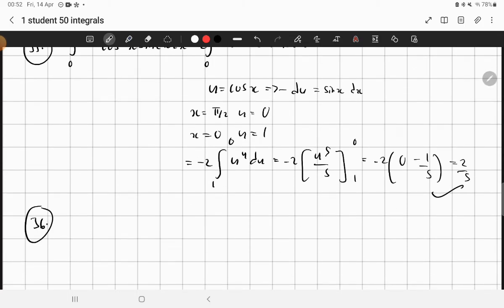Okay, so question 36, we have what? Okay, they really are challenging, you know. So we have the cube root of x plus 1 over the cube root of x minus 1. Oh man, I thought I could solve this under 4 hours, but it's about to be 3 hours in.